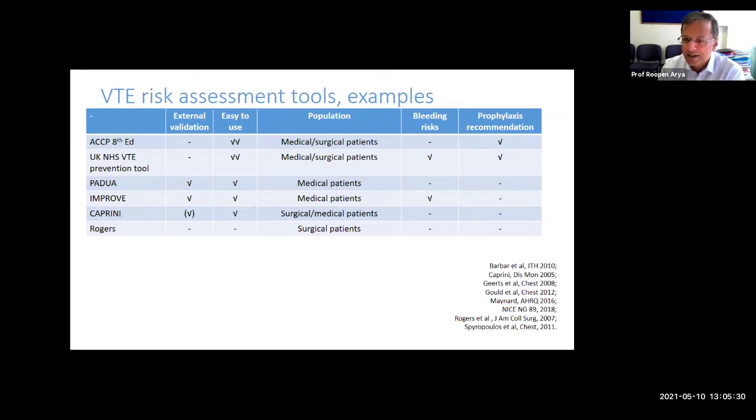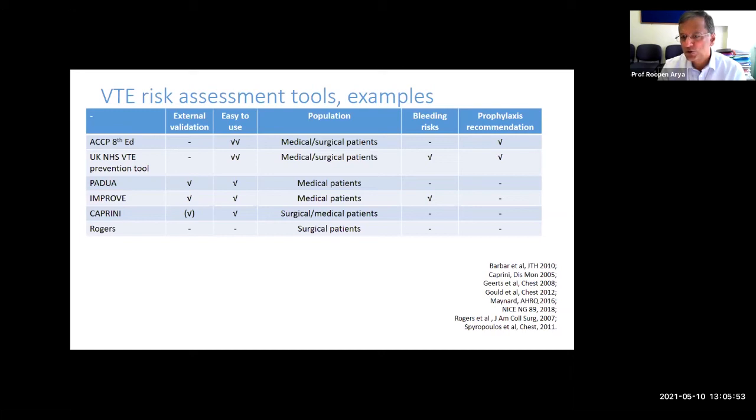In one study, nearly 82% of patients were assigned to high risk category, compared to the Padua scoring system, where 30% were assigned to a high risk category. So really, the important question is, which one is right and which one has been adequately validated.